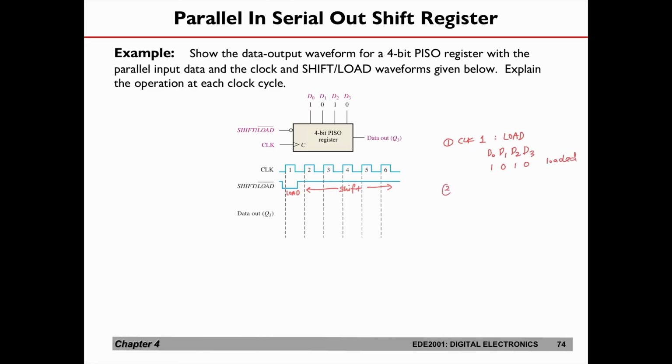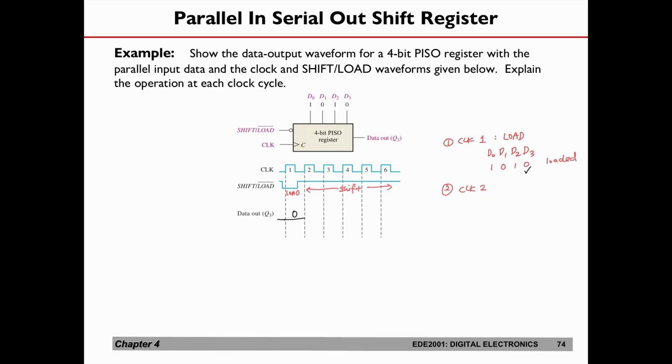Then at the second clock cycle, what is happening? Before that, let's say that the data out at the very beginning will be a 0, to make things simple. At the first clock cycle, the 0 will be loaded into Q3 already. This is the first 0 that you are looking at.